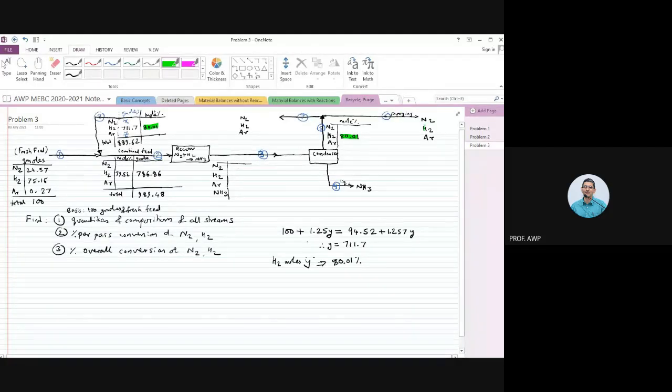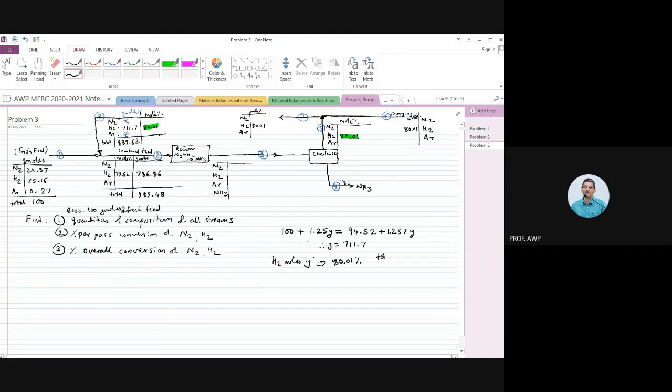So stream number 6 also must have 80.01, and stream number 7 must also be 80.01. Because stream number 7 and stream number 8 are actually the same, we have just cut it into two parts for our convenience, in stream number 8 it also must be 80.01%.